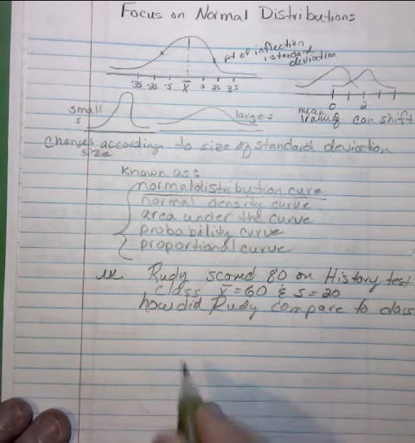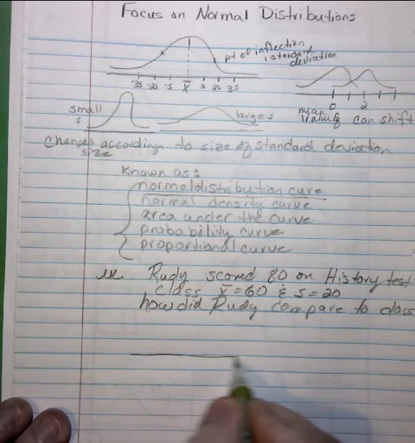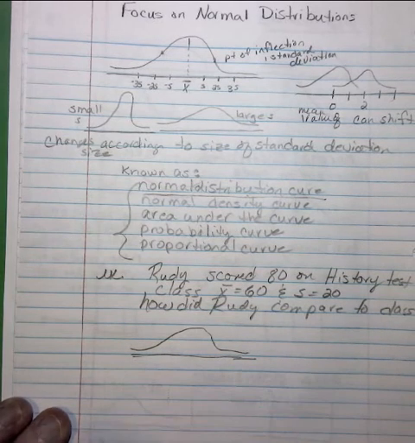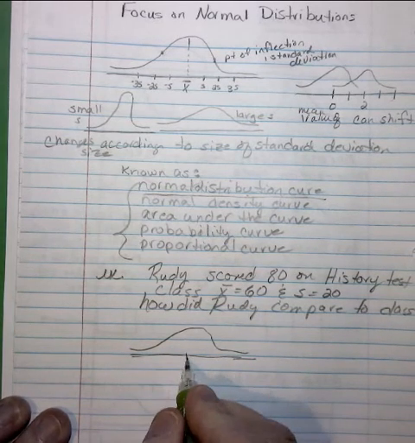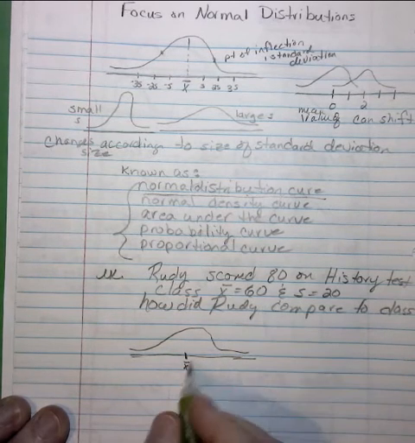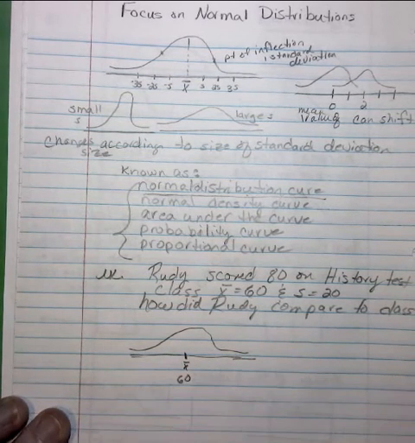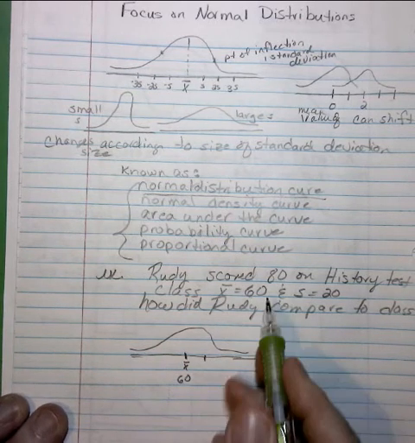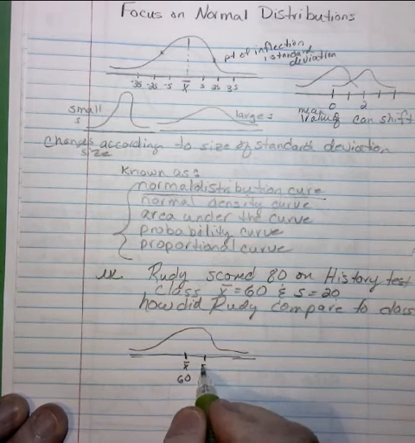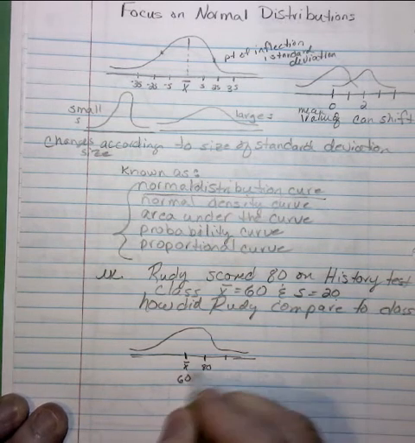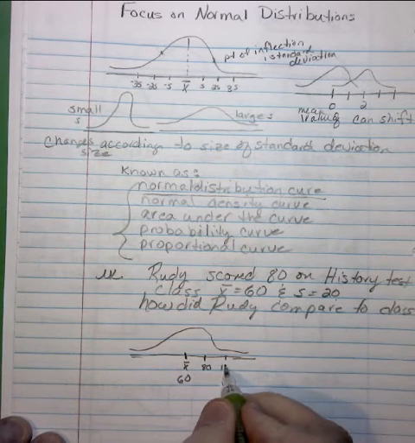So what we would do is we would sketch our normal distribution. And so here at the mean, we would put in our value of 60. At one deviation above, 60 plus 20 gives us a value of 80. At two deviations above, that would be 100.